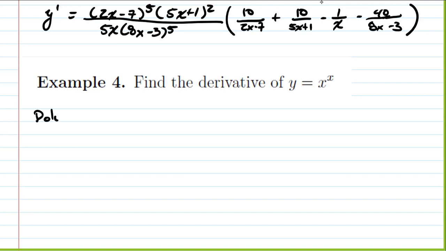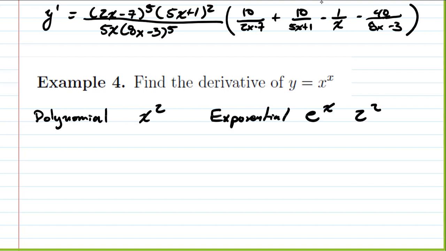So a polynomial or a monomial is something like this, where the base is a variable, but the exponent is a constant, right? And an exponential is something where the base is a constant and the variable is an exponent, right? And we have derivative rules for each of those. But now we have something new.